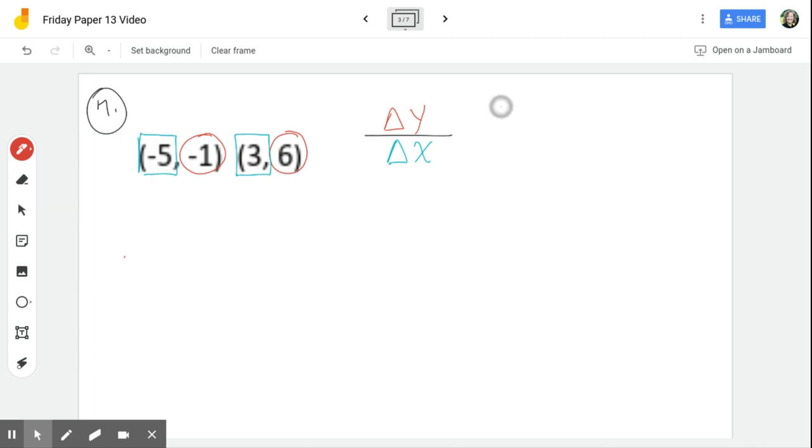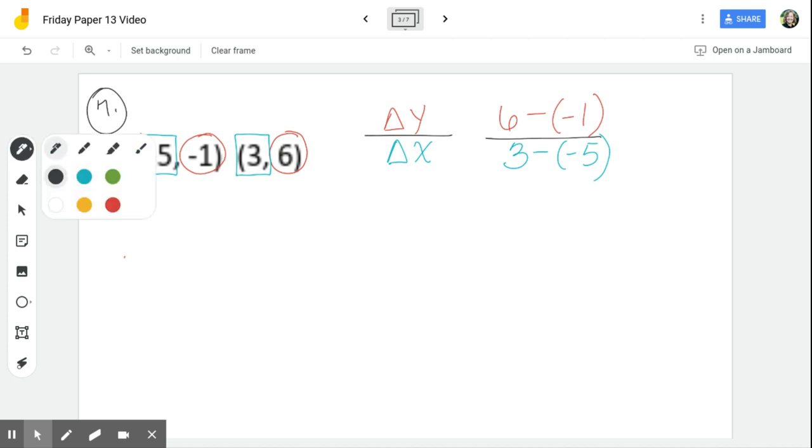Okay, so change in y, 6 minus a negative 1 divided by 3 minus a negative 5. Okay, so now let's go ahead and do this. That's the same as 6 plus 1, and that's the same as 3 plus 5.